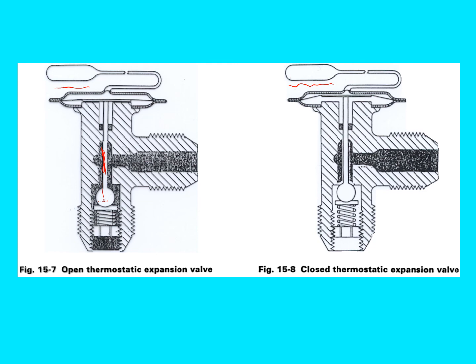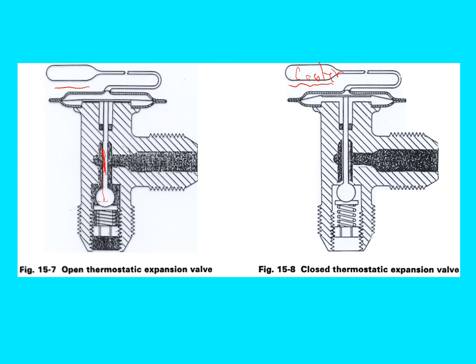And in this one here, the temperature is cooler. So just because it's cooler, we're going to close this up so less refrigerant can get into the evaporator core. And that, again, is to make sure the refrigerant all vaporizes before it leaves the evaporator and moves on to the compressor.